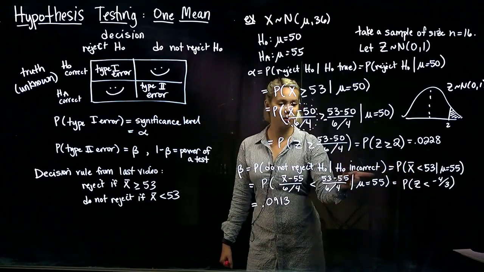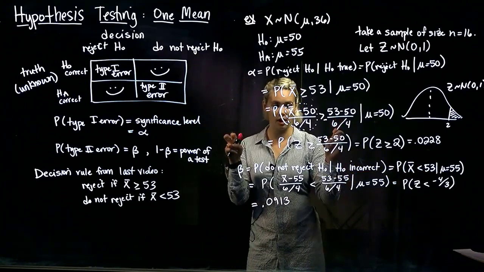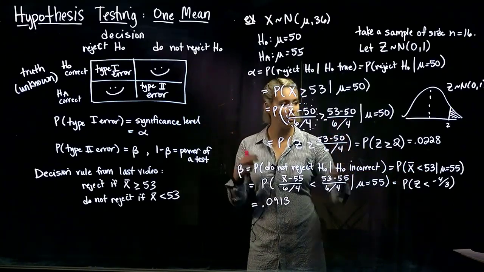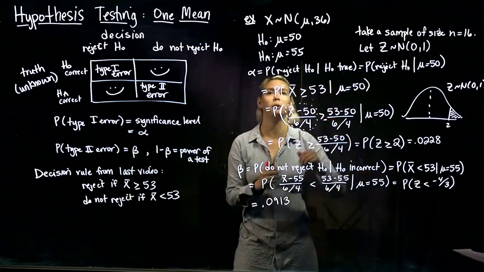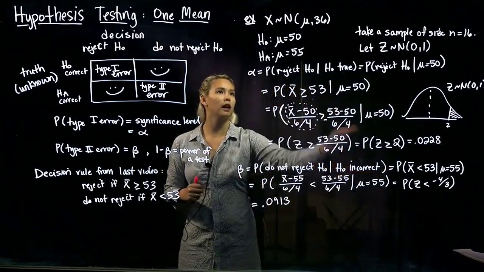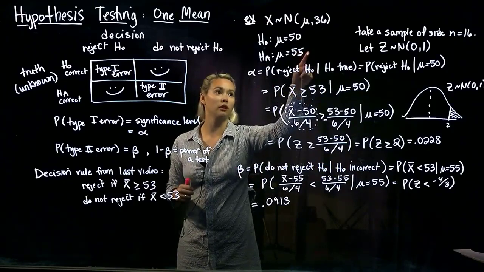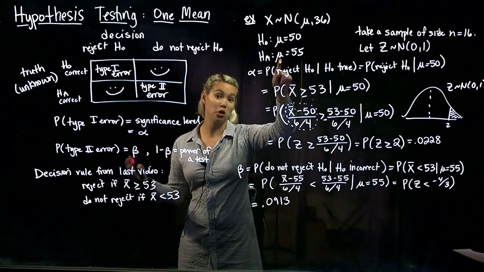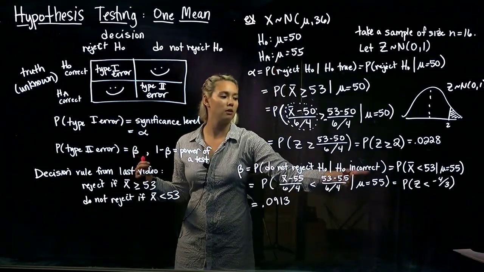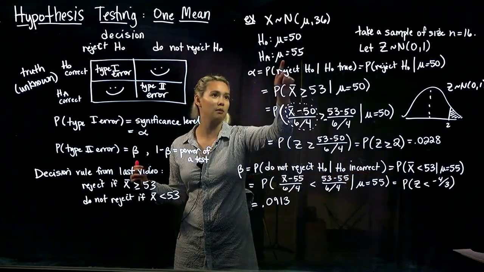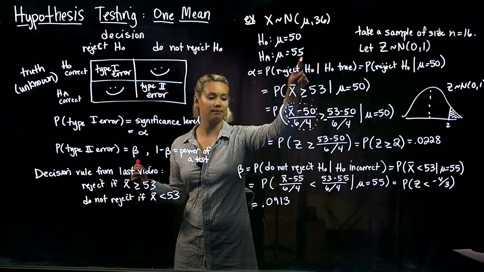Similarly, we can swap out the statement H naught is incorrect, or the null is incorrect, with what that actually means in the context of our problem here. So if the null is incorrect, then the alternative is correct, meaning mu equals 55. Okay, so we can swap out the statement the null is incorrect for the statement mu equals 55.